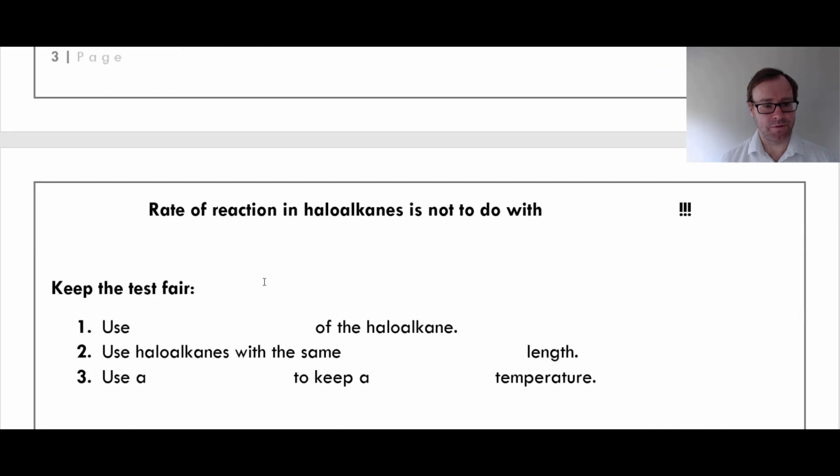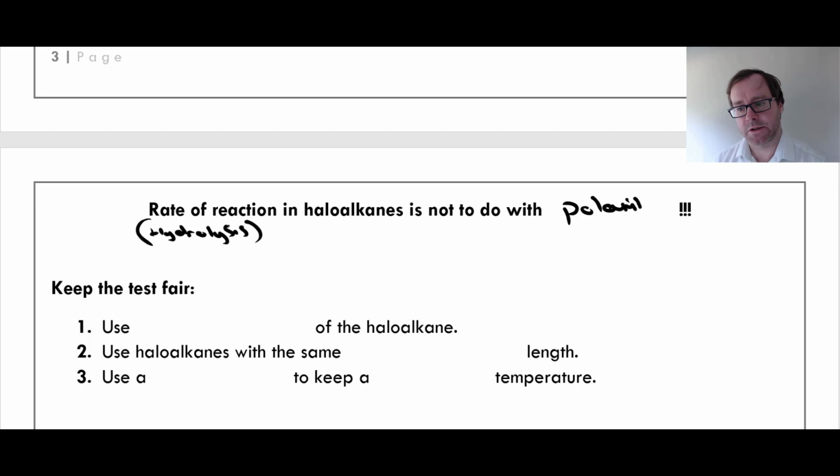Okay, moving on. Again, just to make this point very clear, rate of reaction in haloalkanes, especially when we're talking about hydrolysis reactions, just put it in brackets, is not to do with polarity, it's to do with bond enthalpy.